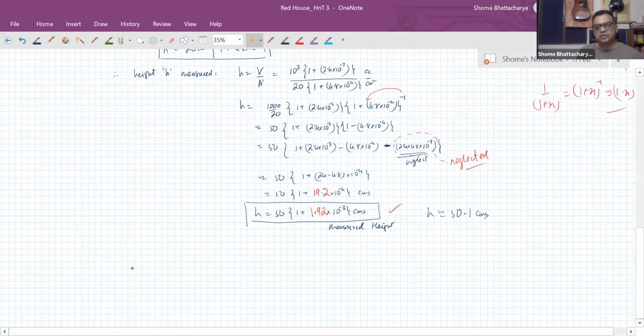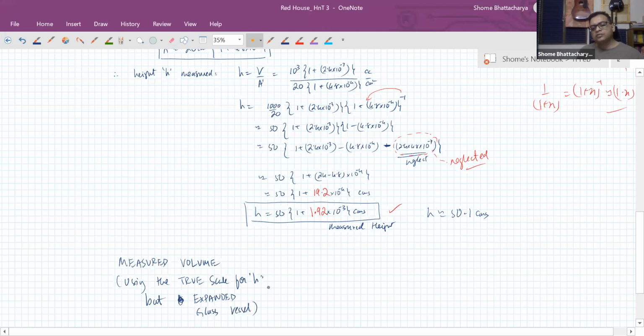So now what is happening? See, the measured volume, using the true scale for H but now a faulty, or you can say expanded, glass vessel. So if I don't take the expansion of the glass vessel into account, my measured volume will be H into A naught, because I have not measured how much the base area is.